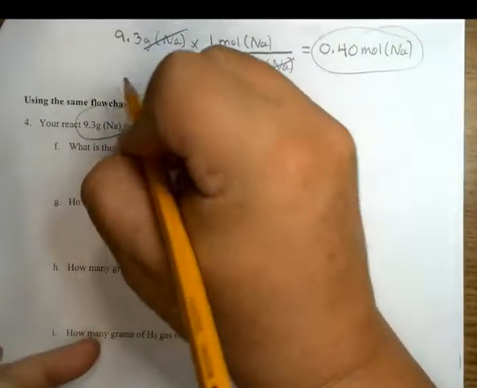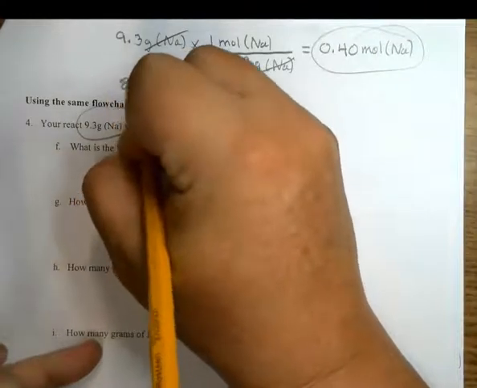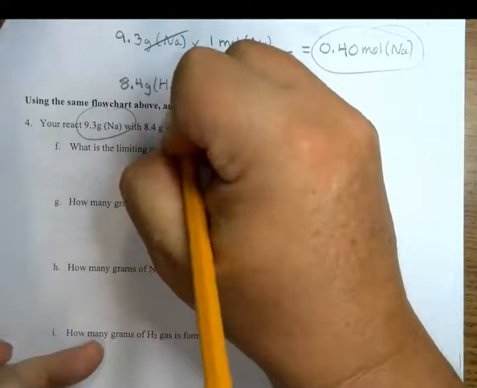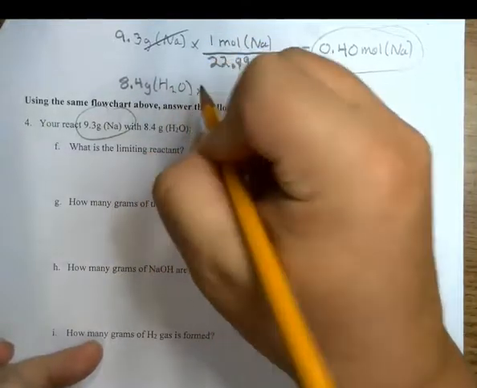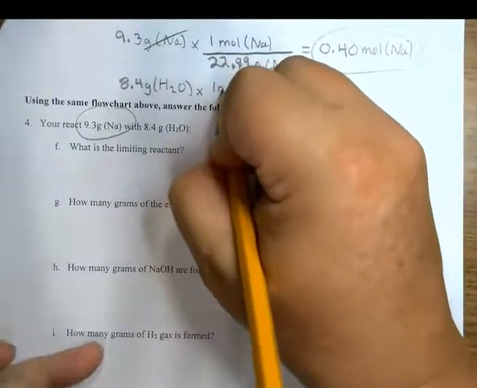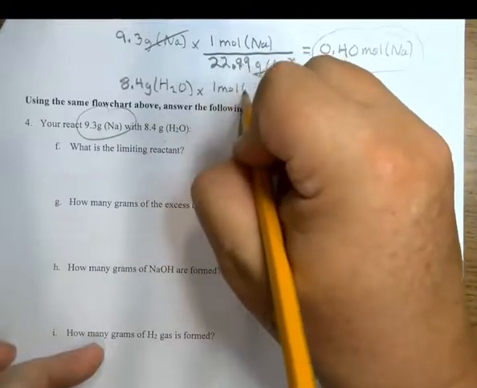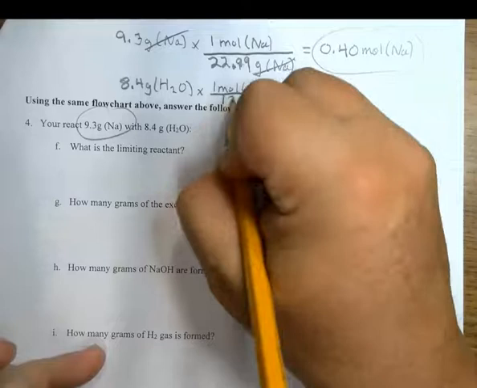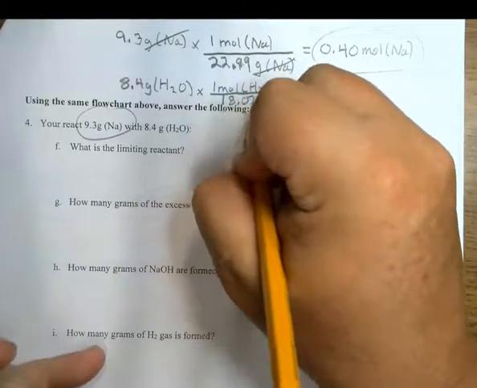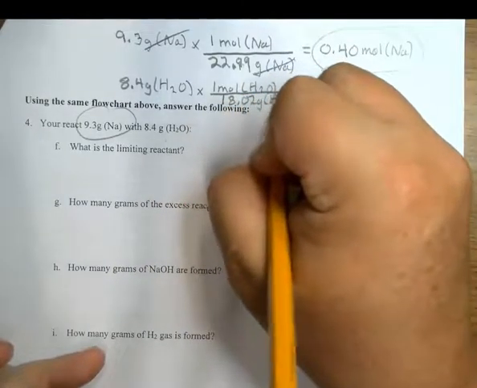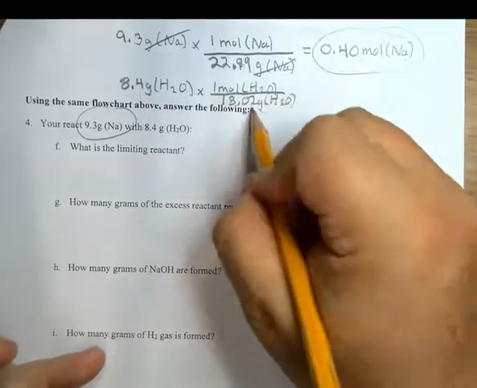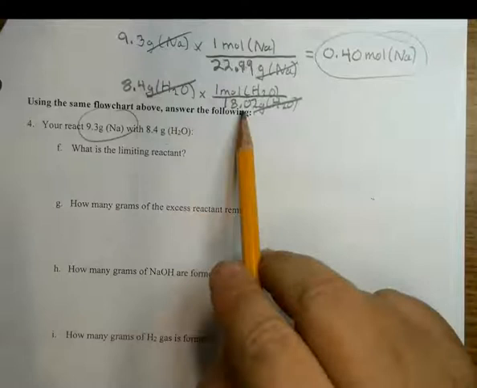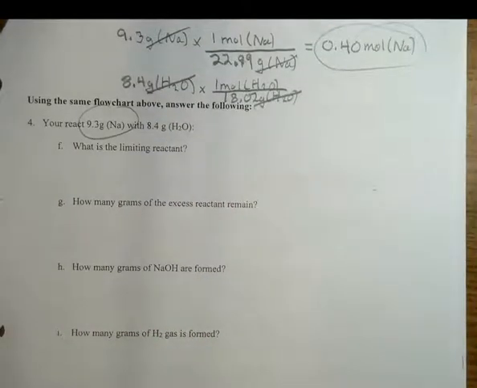Next, we have 8.4 grams of water. And we're going to multiply that by the molar mass of water because we need to get in moles of water. And a lot of you have this one memorized by now. So grams of water cancels with grams of water. Okay, so we have 8.4 divided by 18.02.